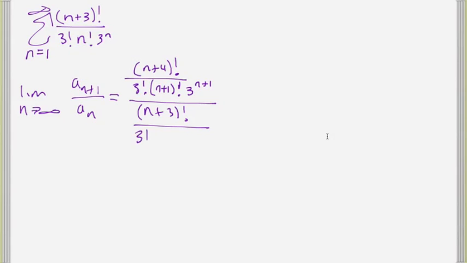Can we change the 3 factorial to 6 just to make it easier on us? If it makes you happy. Wait, is that 3 on top? It is, because I changed n to n plus 1. So n plus 1 plus 3 made it n plus 4, just a nicer notation for me to write. So you do that for both exponents, and you do it for anywhere there's an n. Every n becomes an n plus 1.